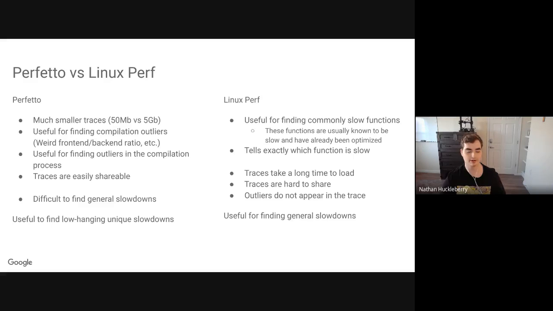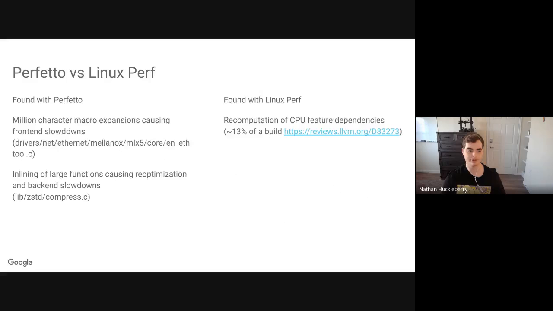They're somewhat hard to share because you just have to send the trace file to somebody else. And then compilation outliers don't really show in the trace because it's not broken down on a translation unit level. So Linux perf was useful for finding general slowdowns, but the general slowdowns were harder to fix. Perfetto was useful for finding low-hanging unique slowdowns that were really easy to fix.